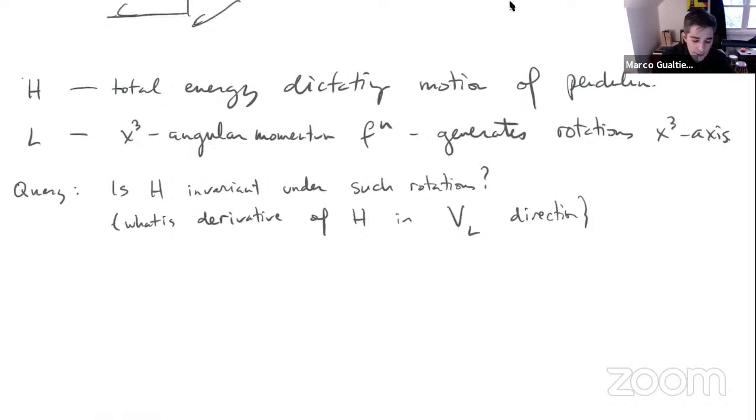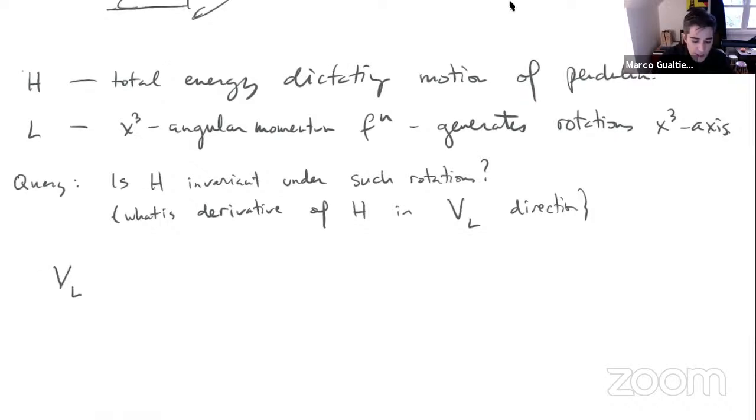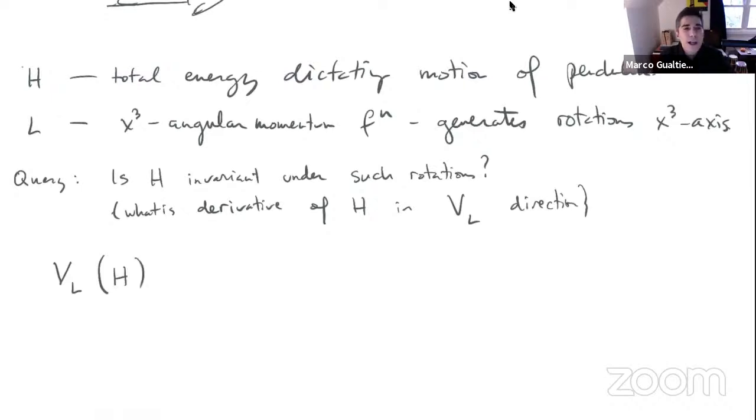Actually, to compute this, I would like to take the directional derivative of H in the direction VL. But we know how to do this. We just take the Poisson bracket.